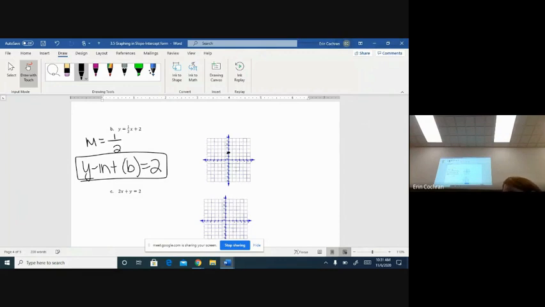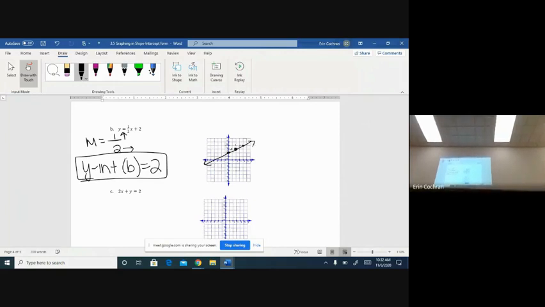So that means I am going to go up 1. And don't forget, then I'm going to go to the right 2. So from this point, I go up 1, right 2, and put a point. Up 1, right 2, and draw my line. Okay.